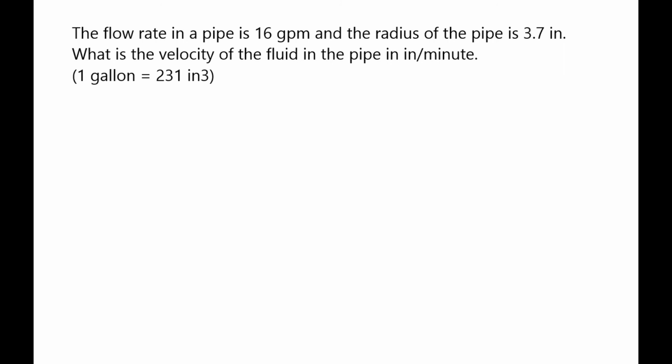So last one here, the flow rate in a pipe is 16 gallons per minute, and the radius of the pipe is 3.7 inches. What is the velocity of the fluid in the pipe in inches per minute? Alright, this one's a little trickier. So first thing we gotta notice is this is in gallons per minute. It gives us the radius in inches and the velocity of the fluid in inches per minute.